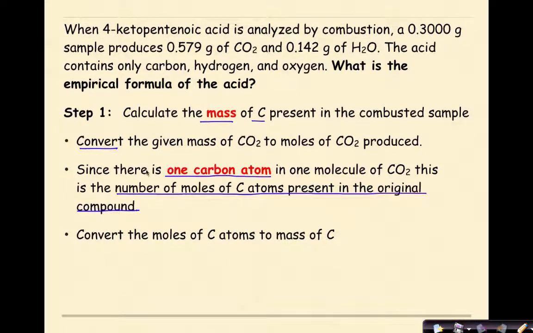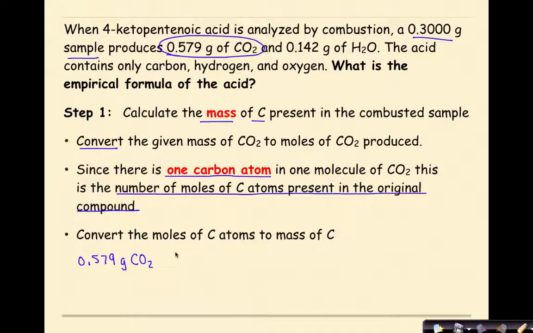We look at this and we can say, all right, our total mass sample at the beginning, before combustion, was 0.3 grams. When it's combusted, we produce 0.579 grams of carbon dioxide, and that's what we're going to be working with first. So I'm going to pull this piece of information right here to start with. 0.579 grams of carbon dioxide.